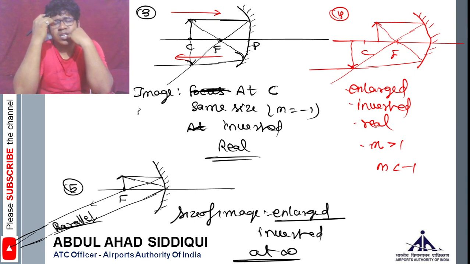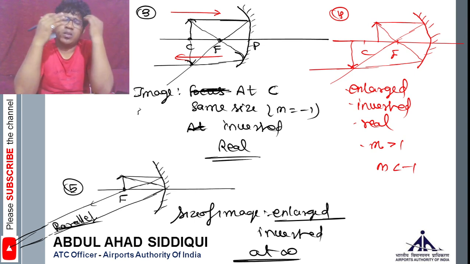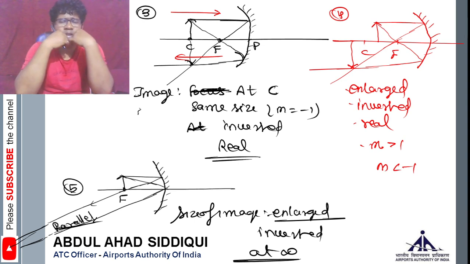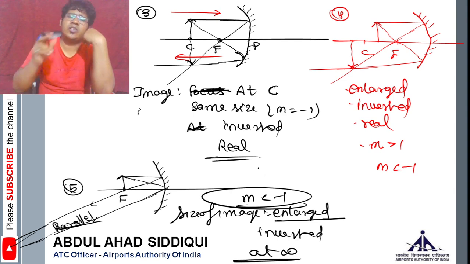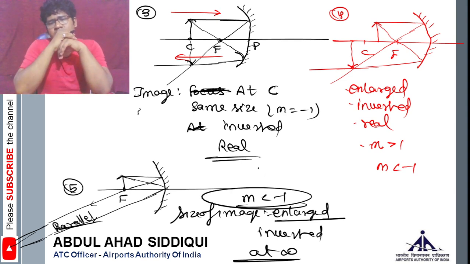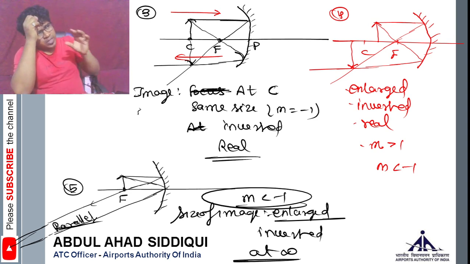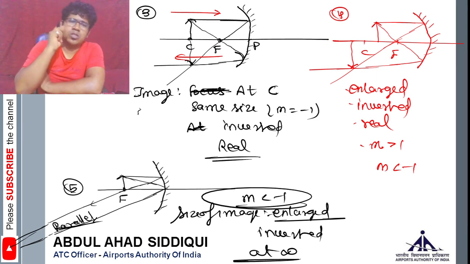And the second thing is magnification: m will be less than minus 1, meaning the magnitude is greater than 1 but in the negative direction, and it will tend to infinity basically. And inverted, real. The image will be real because it is going to infinity, it is not diverging, it is believed that somewhere it will intersect. So this will be the fifth case.